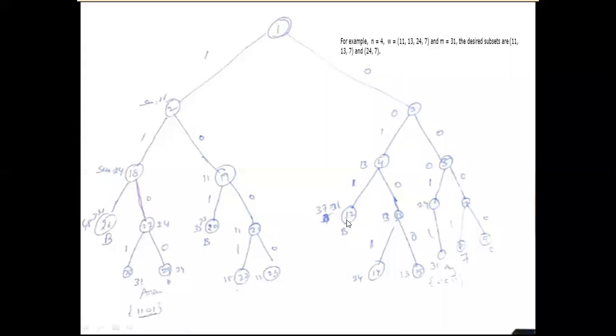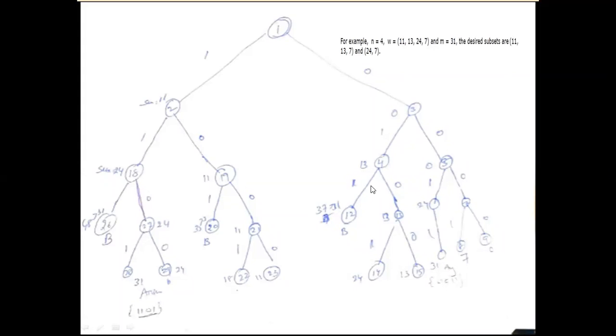The 12th node represents x3 included in the sum.